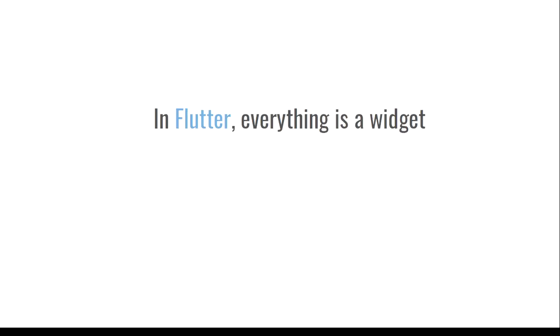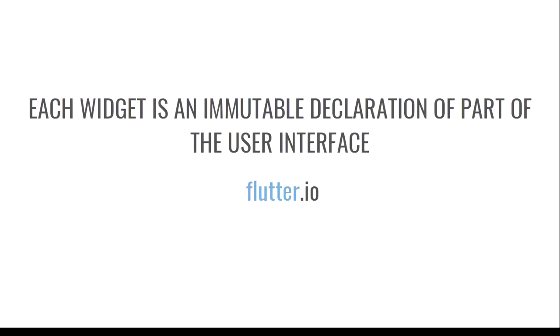You are saying that, okay, everything is a widget, but what is a widget? Let me explain. A widget is actually each immutable declaration of a part of a user interface. So when you are seeing the screen of your application, if you have a part of a user interface that you have declared in your code, this is a widget. Usually on the screen, you will see a lot of widgets.